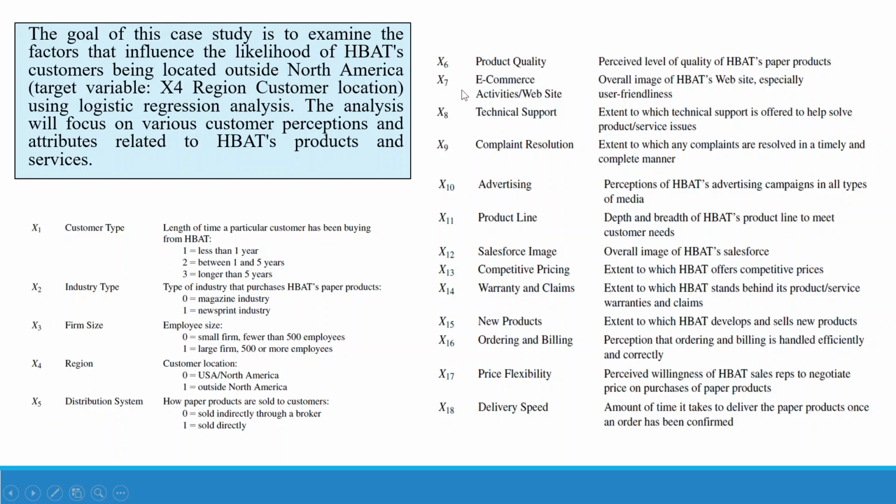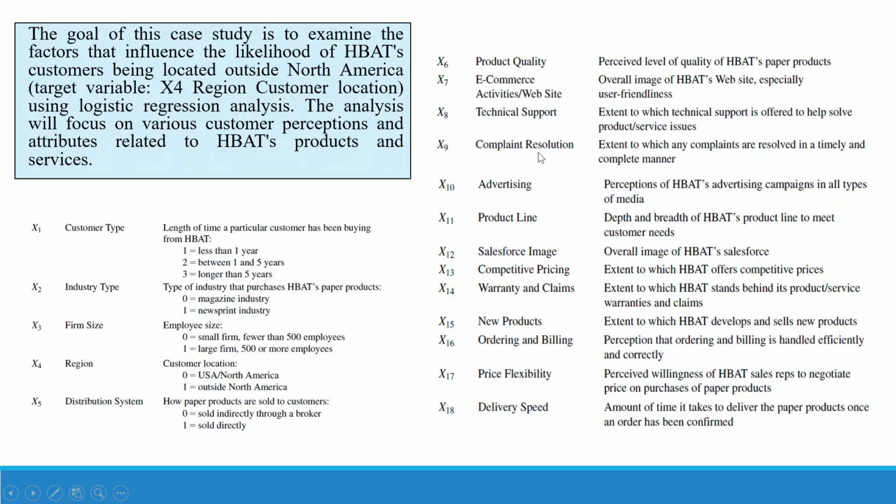So we start with X6, product quality: perceived level of quality of HBAT's paper products. X7 is e-commerce activities and website: overall image of HBAT's website, especially user friendliness. So we want to see what is the difference in the customers inside North America and outside North America. X8, technical support: extent to which technical support is offered to help solve product service issues.